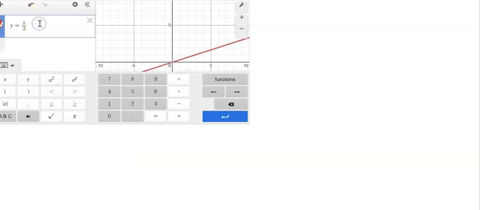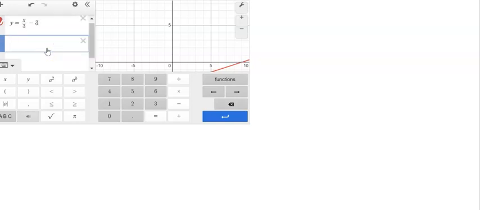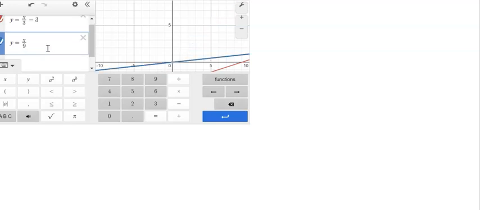Then you have to click away from it and then put the minus 3. So make sure it looks just like you see it on the test or the problem. On the other side was y. You're going to do y equals, and it was x over 9. So x divided by 9, and then it's plus 3.